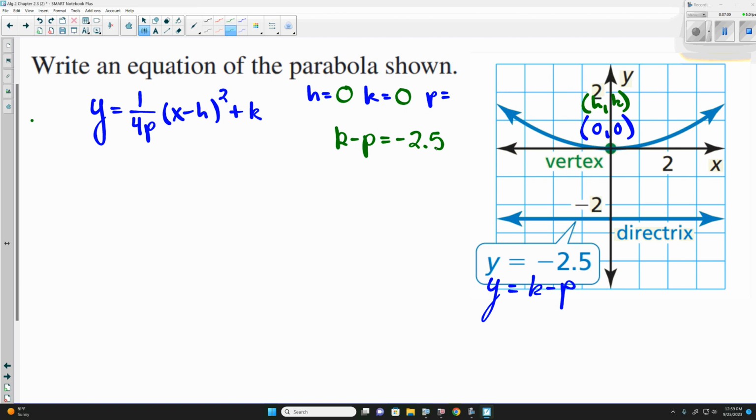Now we already know what the value of k is. K is 0, so we're saying 0 minus p is negative 2.5. Well, 0 minus p is negative p, which is equal to negative 2.5. Right, we can multiply or divide by negative 1, telling us p is 2.5.